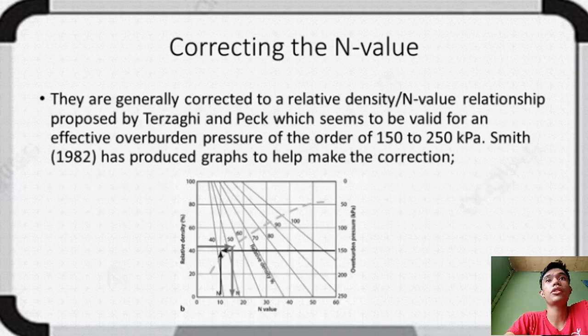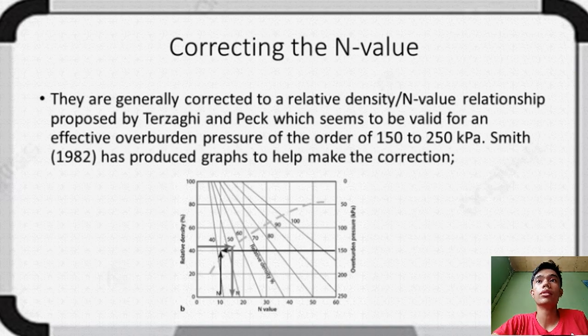So next is correcting the N value. They are generally corrected to the relative density or the N value relationship that is proposed by Terzaghi and Peck, which seems to be valid for an effective overburden pressure of the order of 150 kPa. Smith 1982 produced graphs to help make the correction.